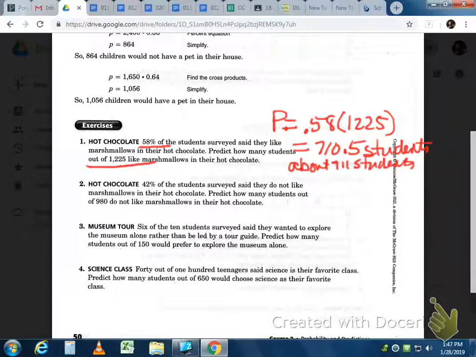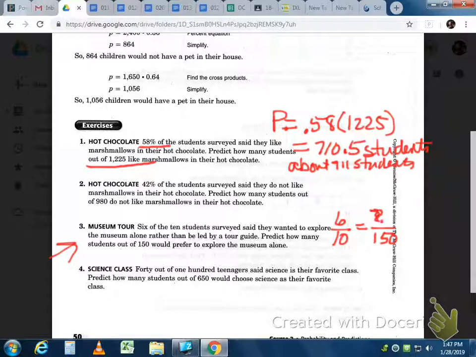Okay, we're going to do number 3. 6 of the 10 students surveyed said they wanted to explore the museum alone rather than be led by a tour guide. Predict how many students out of 150 would prefer to explore the museum alone. So 6 over 10 prefer exploring alone. We need to know how many out of 150.